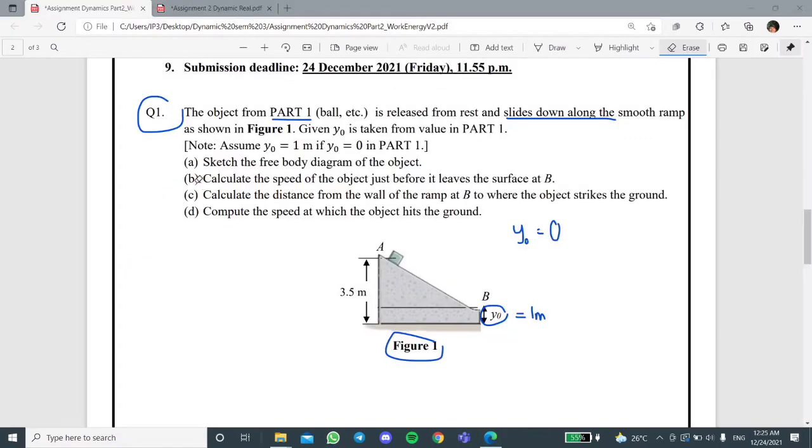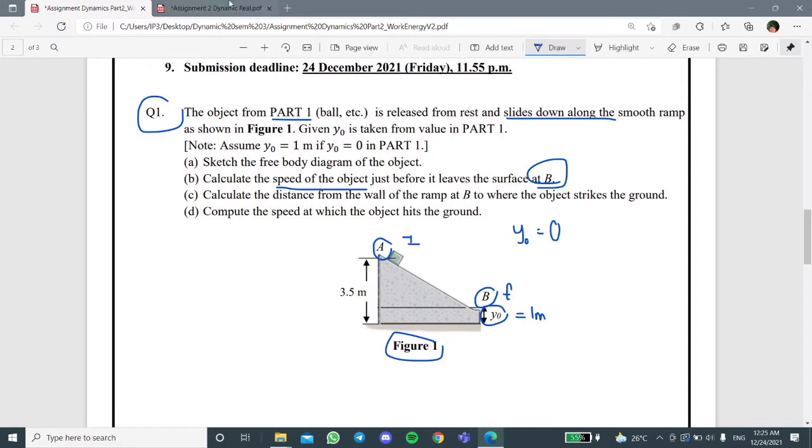For question 1B, calculate the speed of the object just before it leaves the surface at B. So we know that B is final and A is initial.